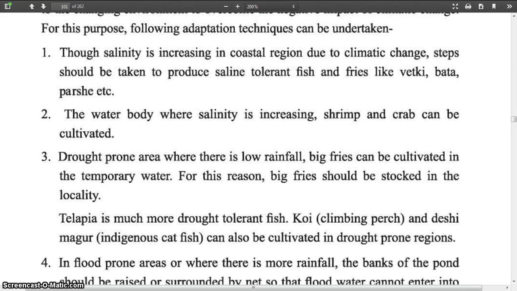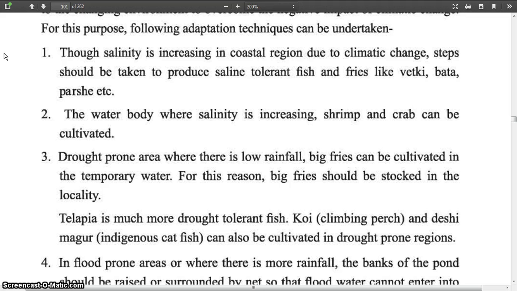So if we can culture fries in the temporary water, then it will be better for our fish demand.